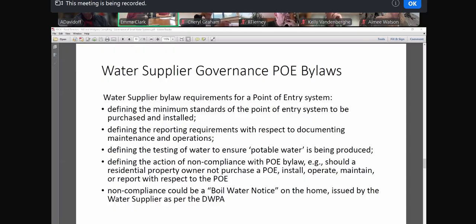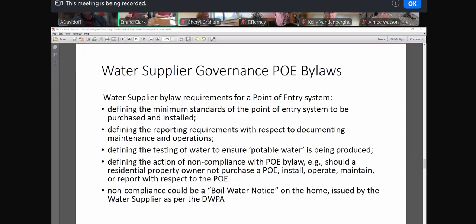Now, the question on the finance on the break-even point, this came up yesterday, Lee and I were talking about this yesterday as well. The key thing to think about is what is the starting point? A lot of people have already put in point of entry systems on their own. So if you already have assets in the ground, how do you realize that?